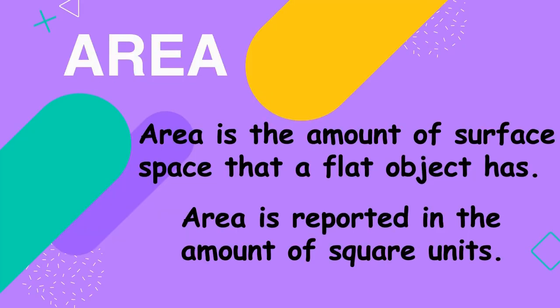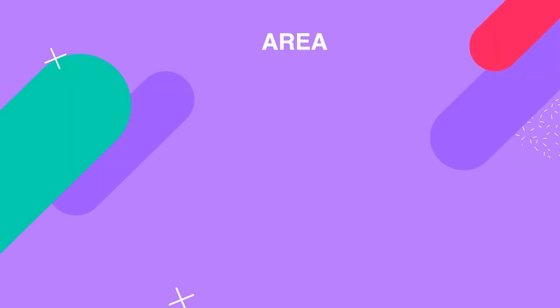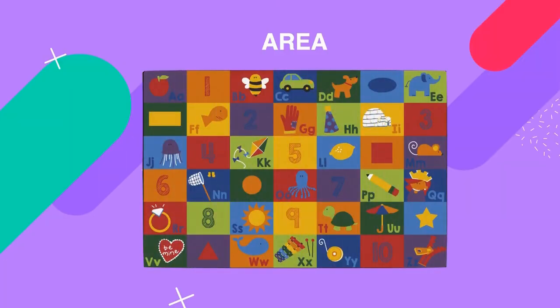Let's look at the definition of an area. Read with me. Area is the amount of surface space that a flat object has. Area is reported in the amount of square units. Ever thought about how much space your rug takes up? Well, that's the area. And to find the area, we can do one of two things.